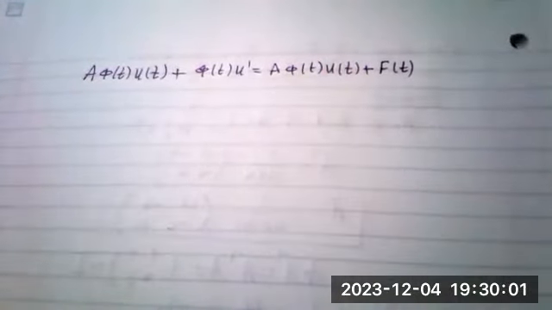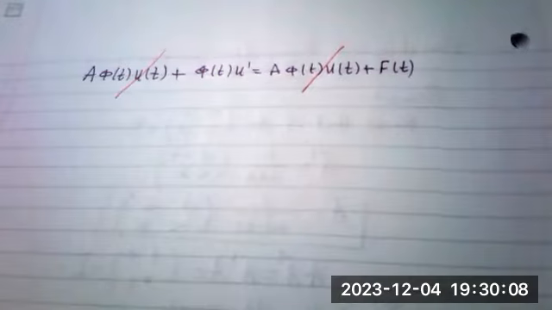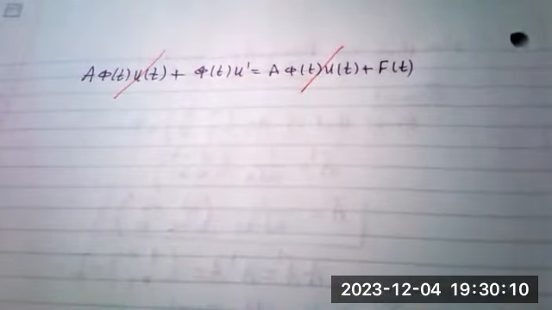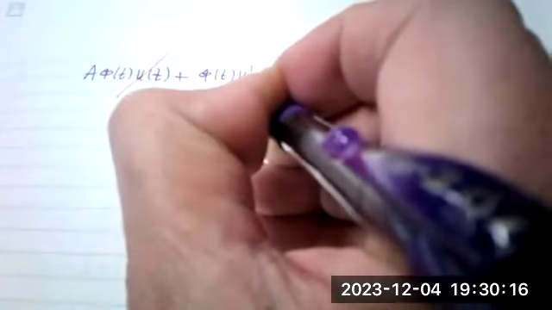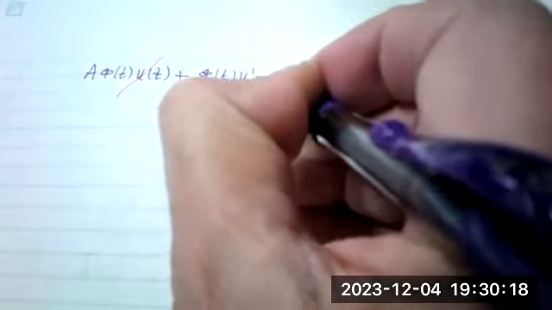We are just substituting into the equation. Now these two would cancel out because both of them are the same. So we end up with phi of t times u prime of t equal to f of t.